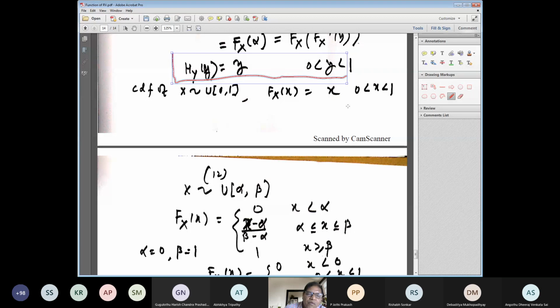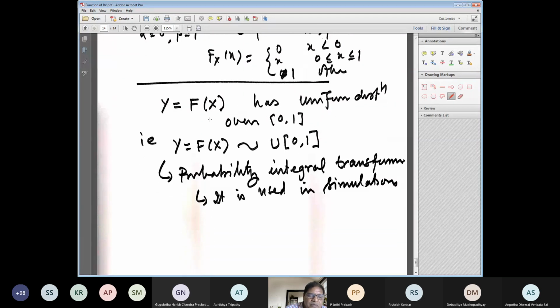So the distribution of y, what is the final result? Final result, what we have derived: if x is the random variable whose CDF is capital F, then the distribution of y equal to F_X has a uniform distribution over 0, 1.